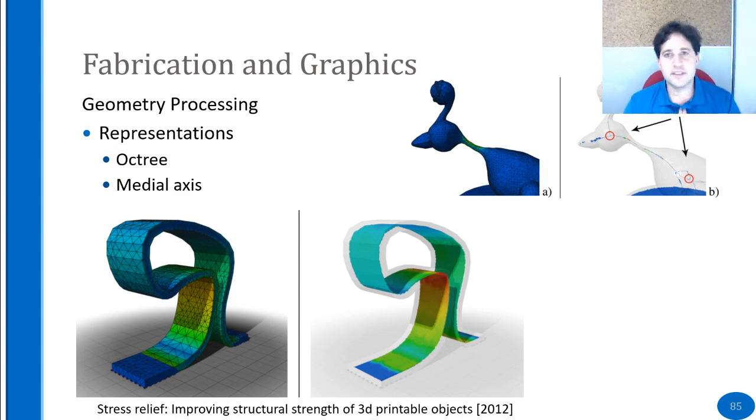Another representation that has already been used in various works in computational fabrication is the medial axis. The medial axis, if you don't know, is a structure that looks at center lines. It represents in this case a volumetric shape by a surface in the middle of the shape and offsets from it.